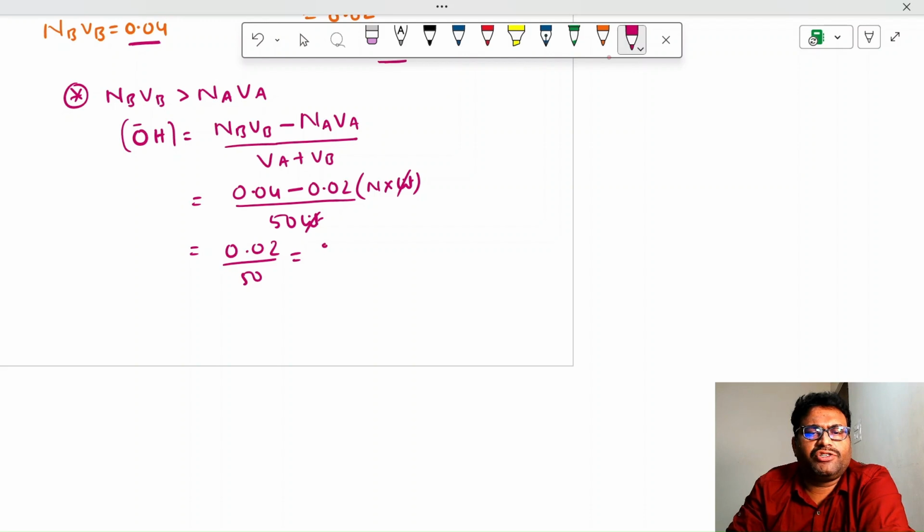So I can write it as 2 into 10 power minus 2 by 50, which is equal to 200 into 10 power minus 4 by 50.